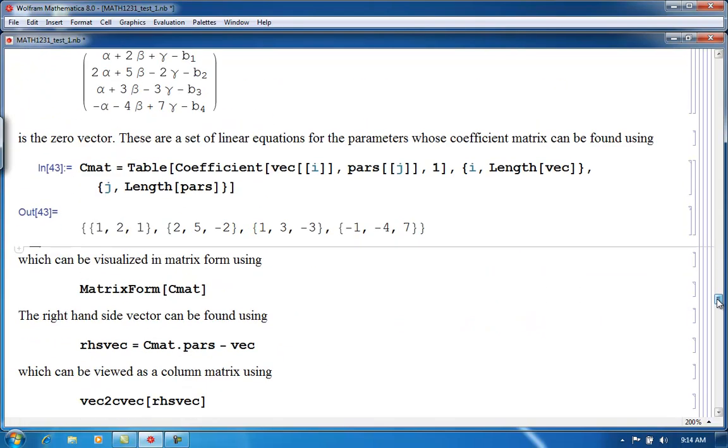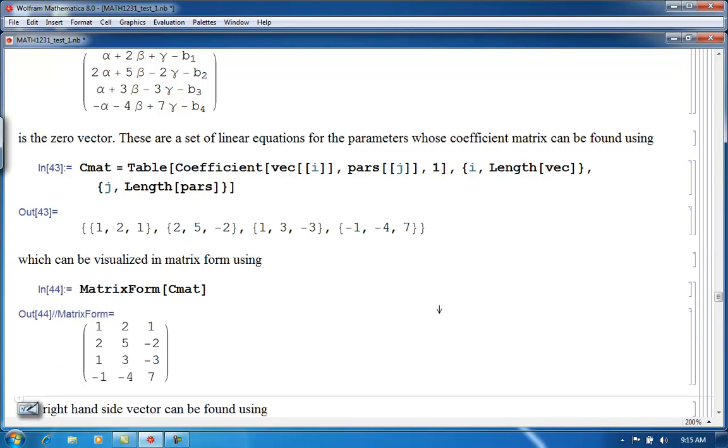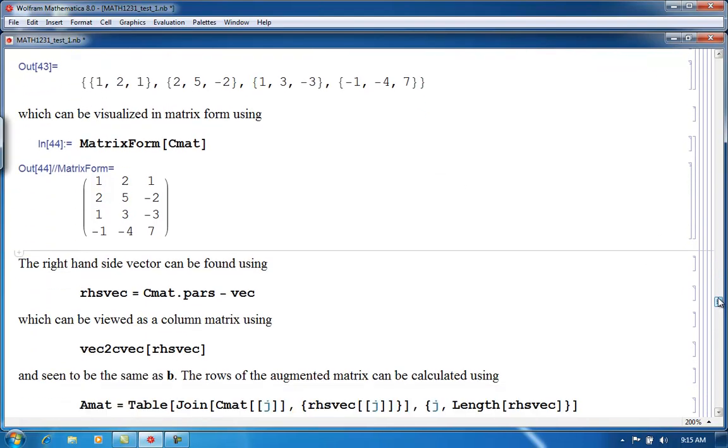Which we can look at like so. So it's a 4 by 3 matrix, 4 rows and 3 columns. And we can find the right-hand side vector by multiplying the coefficient matrix by the parameters and subtracting off the vector.